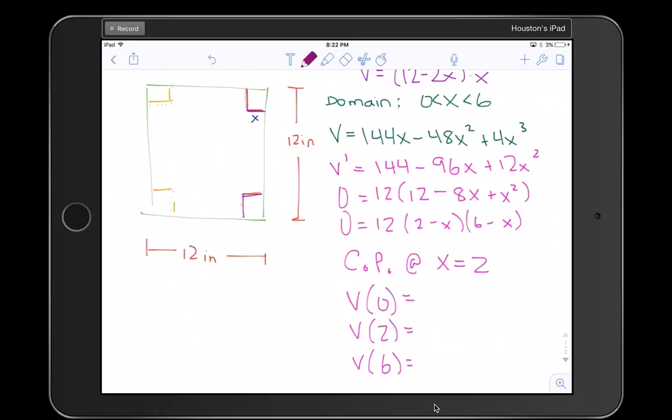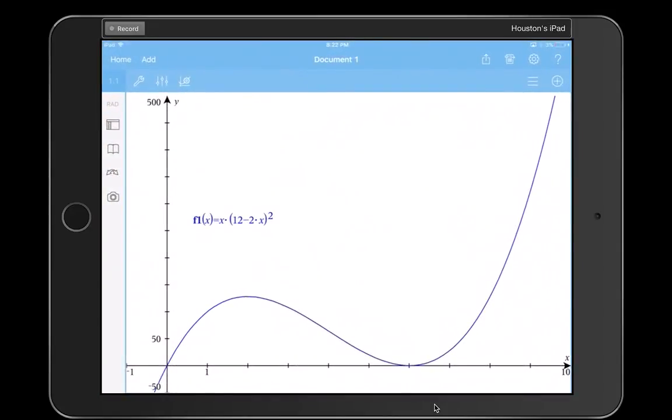Our volume at 0 should be 0, volume at 6 should also be 0, and you can get that from just substituting 0 or 6 into your original volume equation, or by also looking at the graph. It looks like the volumes will be 0 at an x value of 0 and an x value of 6.